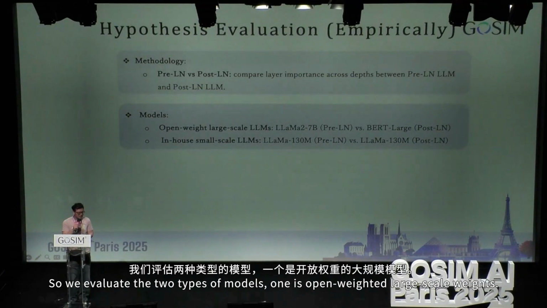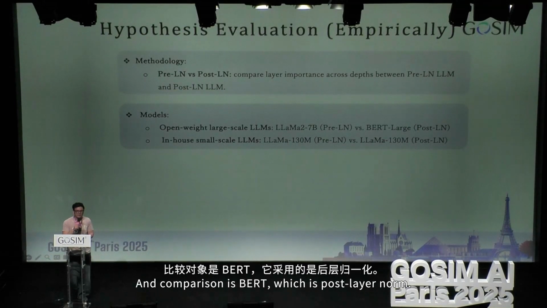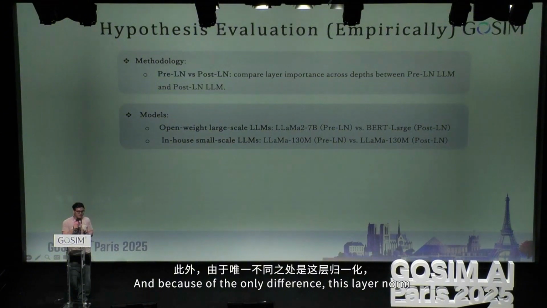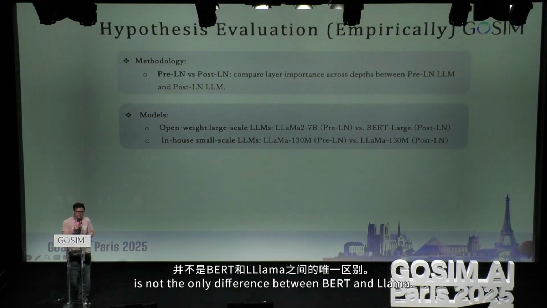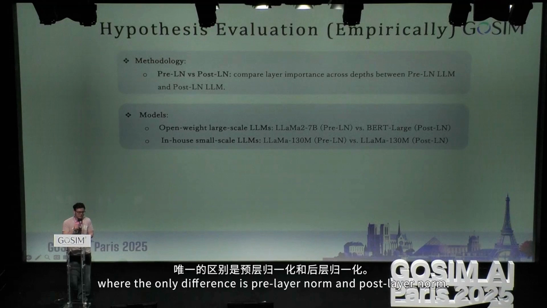So we evaluate two types of models. One is open-weight large-scale models. At that moment we have Llama 2, which is pre-layer norm, and the comparison is BERT, which is post-layer norm. And because layer norm is not the only difference between BERT and Llama, we also train our own small model, 130 million parameters, where the only difference is pre-layer norm and post-layer norm.